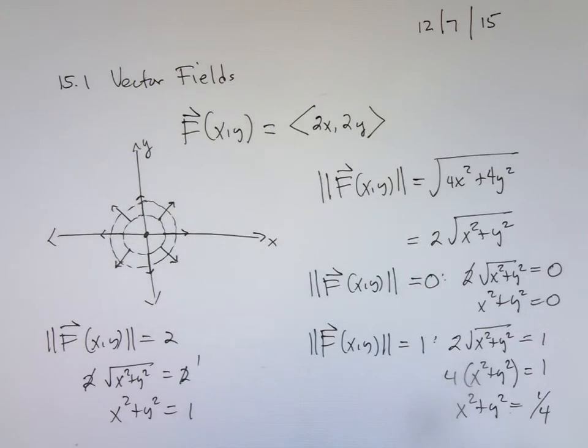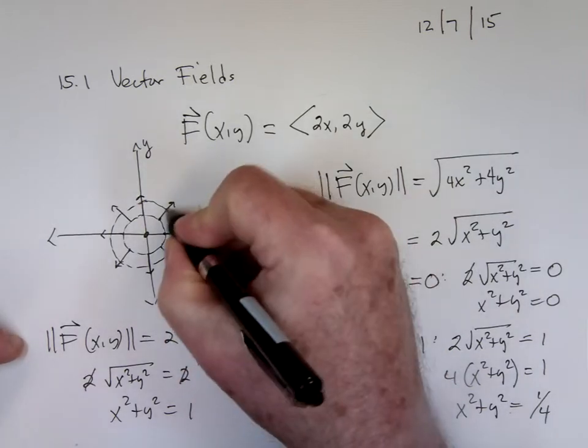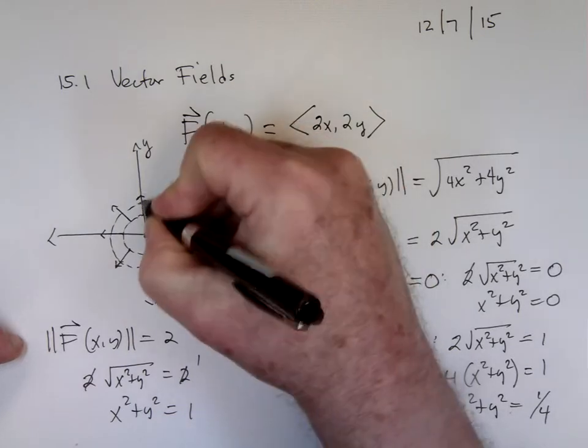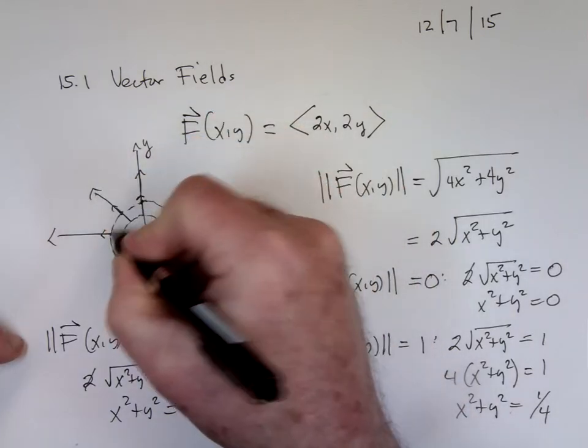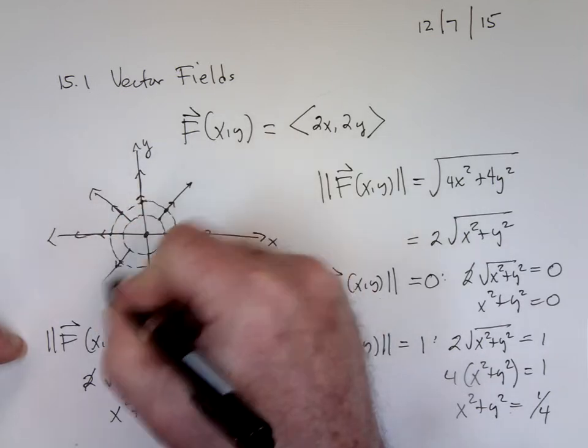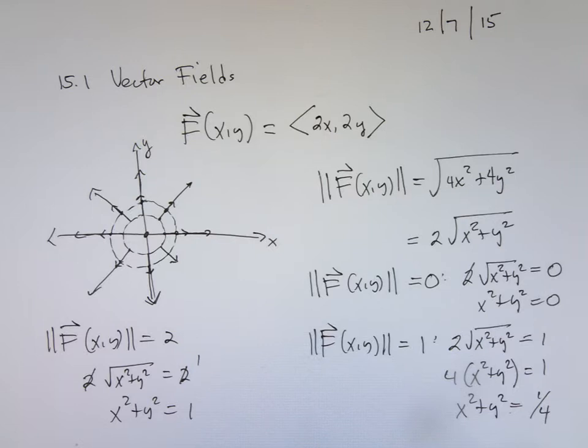At this point, you'd have this vector. At this point, you'd have this vector. At this point, this vector. Like so.